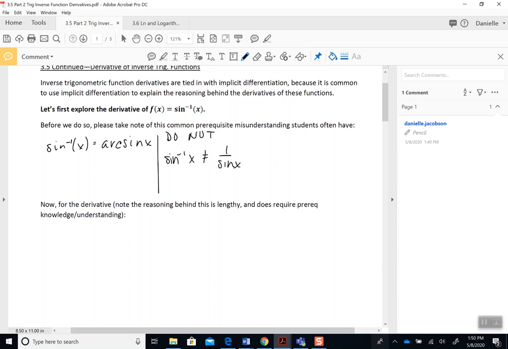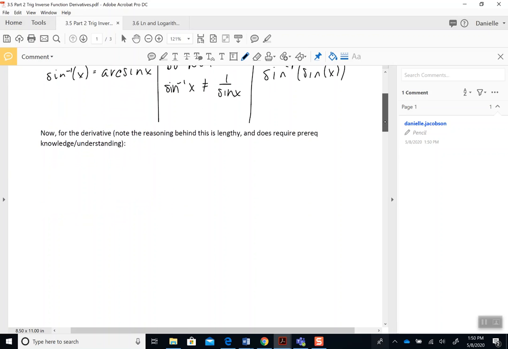The inverse of sine really undoes the sine, and I'm going to talk about this in a minute. They're inverses of one another, not reciprocals of one another. So the reciprocal of sine is 1 over sine, that's cosecant. The inverse of sine is denoted sine inverse or arc sine. So keep in mind, inverse and reciprocal with trig functions are not the same thing. Try to be aware of that.